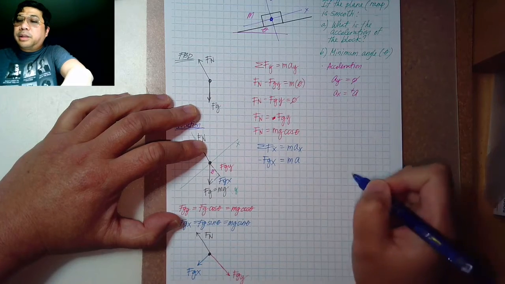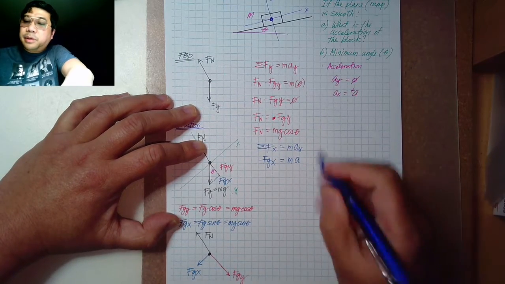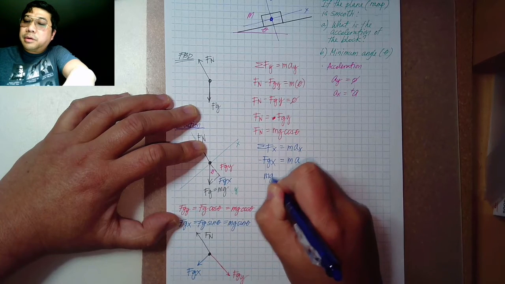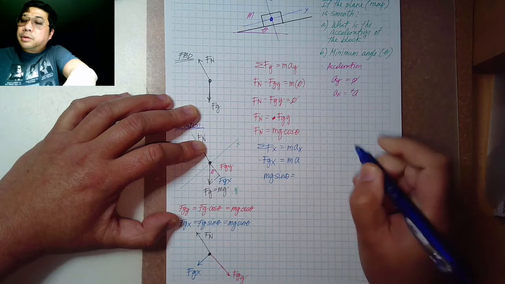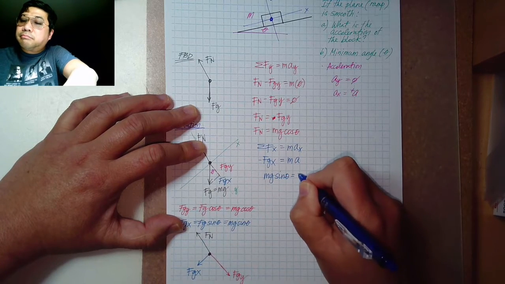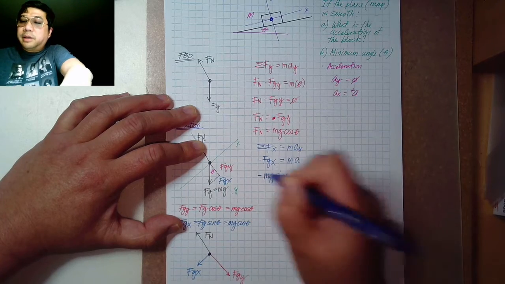Now we all know that Fg along x is simply mg sine theta, equals mass times acceleration, and that is negative.